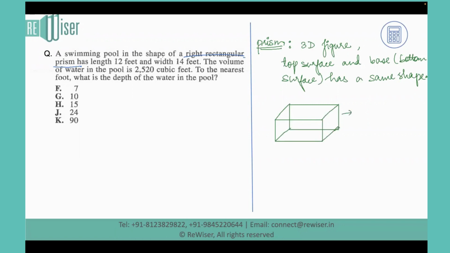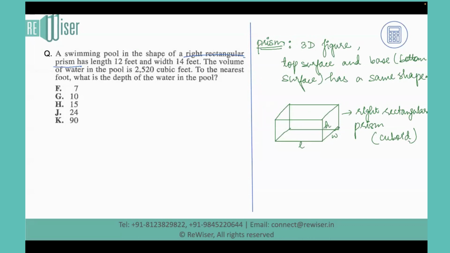So a right rectangular prism is nothing but a cuboid having length, width, and height. So its length can be denoted by L and its width can be denoted by W here, and its depth, which is nothing but the height, is H.